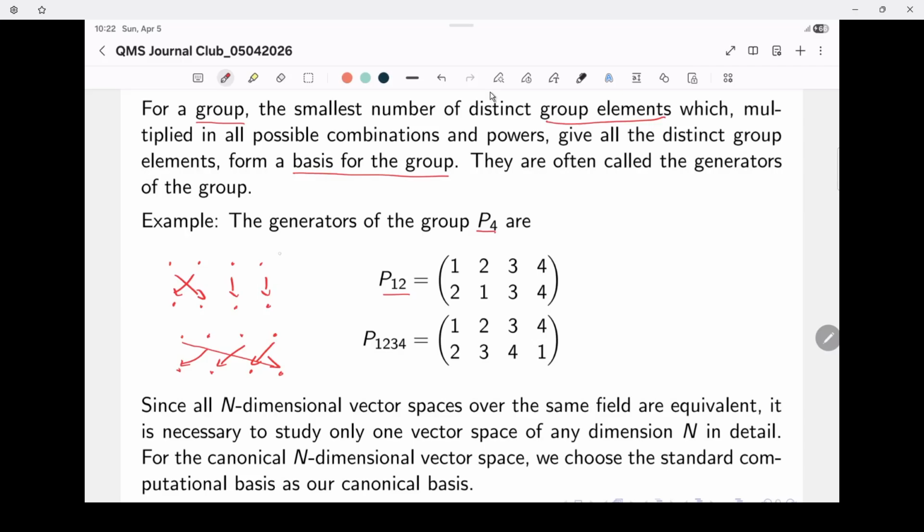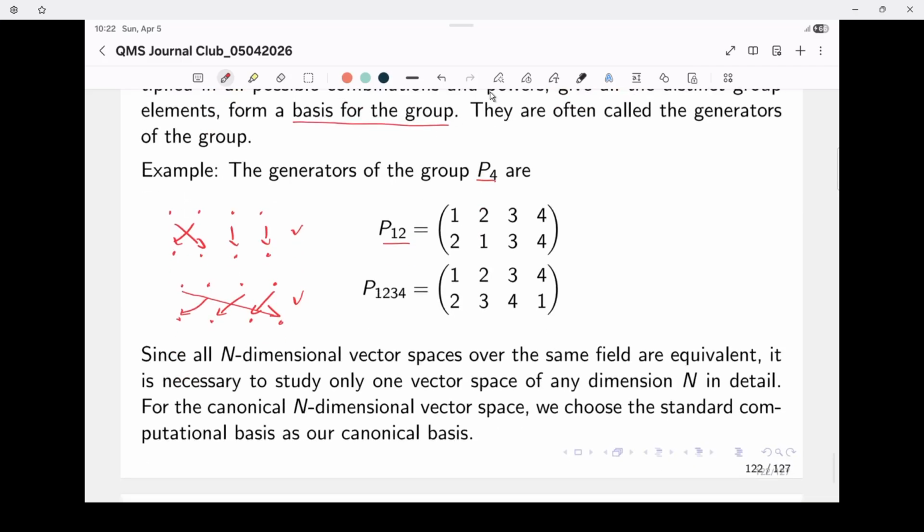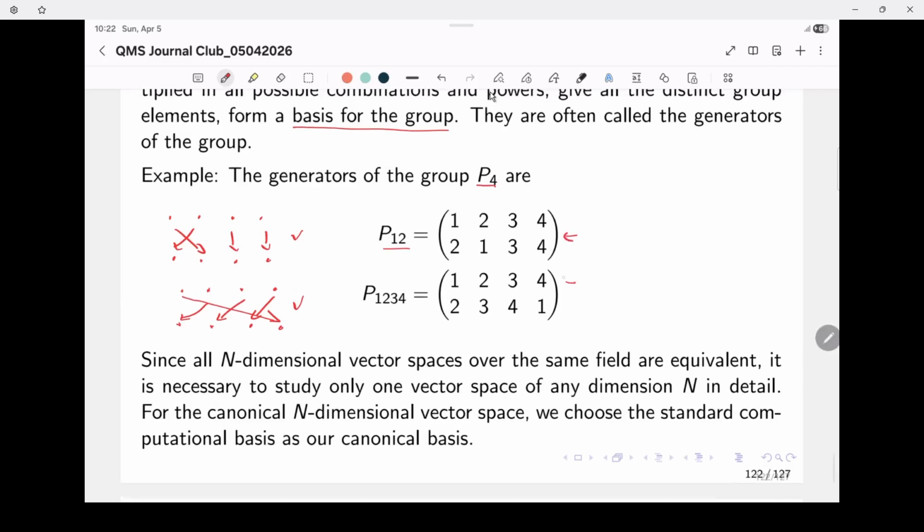So you basically just need these two elements, and you can generate all the other group elements under P4. If you want to try, just try to use this tool to generate this one. It's not that difficult, but it takes a little bit of practice.